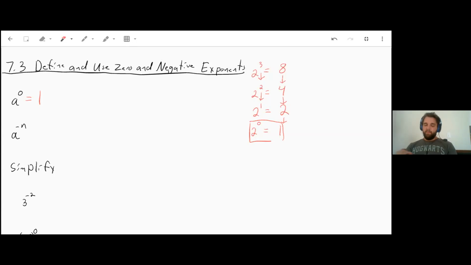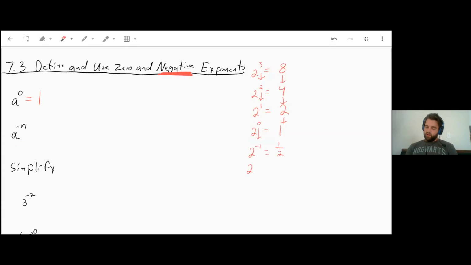Now, can we follow that pattern further to figure out what the heck the negative exponents end up doing? Because, if you notice, we're going to be working with negative exponents, and that very next problem involves a negative exponent. Well, if we keep dividing by 2, or going down by a power of 1, we'll have 2 to the negative first. It's then going to be 1 divided by 2.